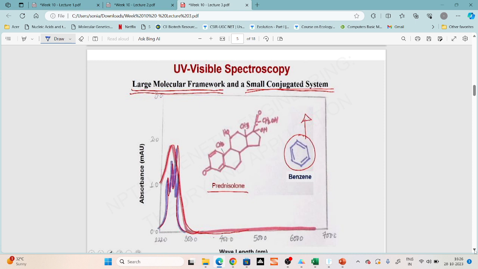Next, you see here, large molecular framework and small conjugated system. This is a small conjugated system, this is a large molecular framework. So you can see that a small conjugated system will have a different peak than a large conjugated system. This is benzene and this is prednisolone. So here also the peaks are different.